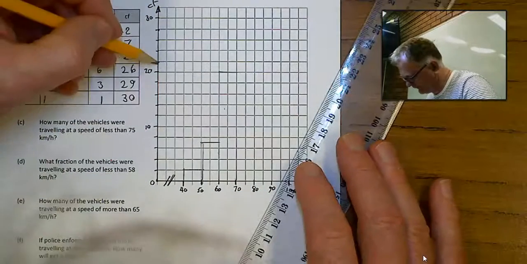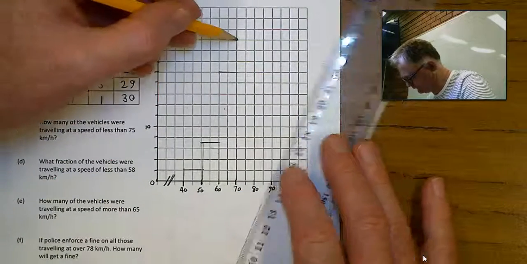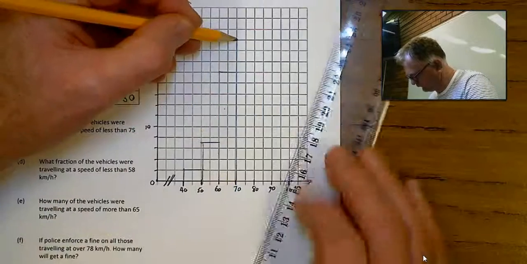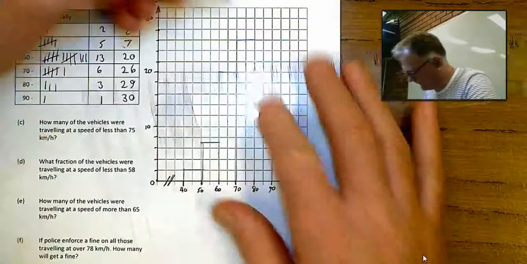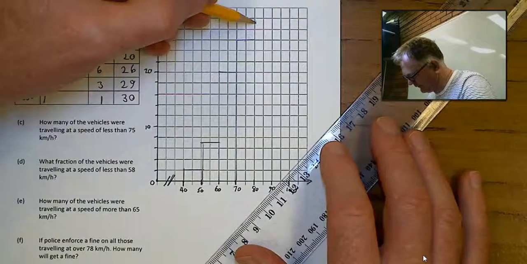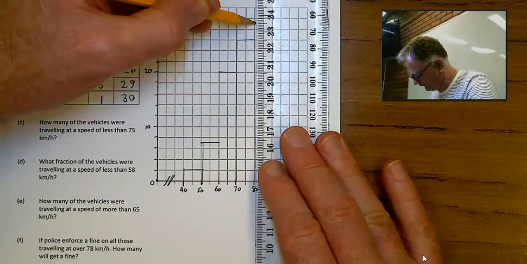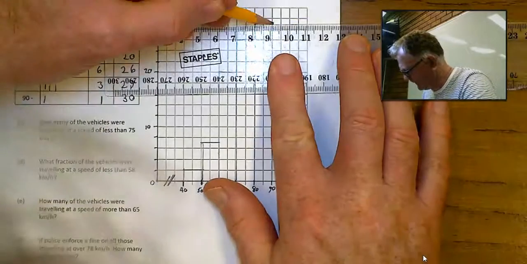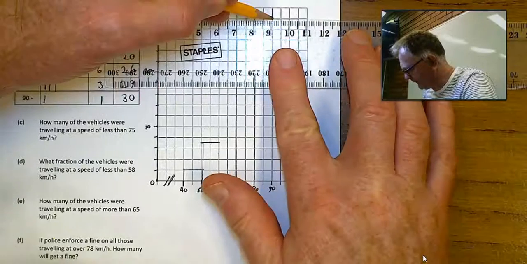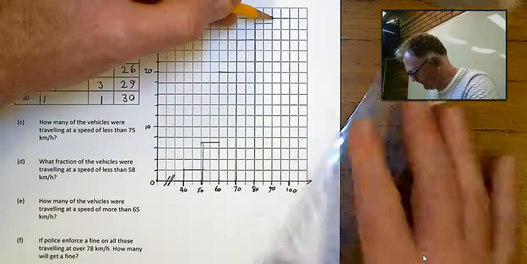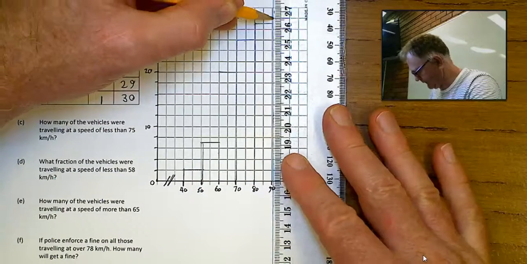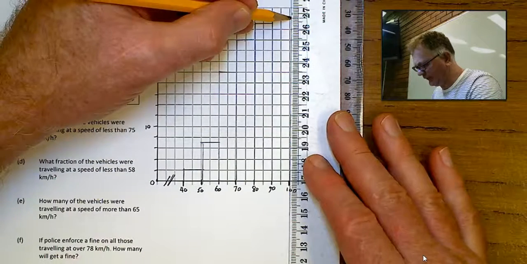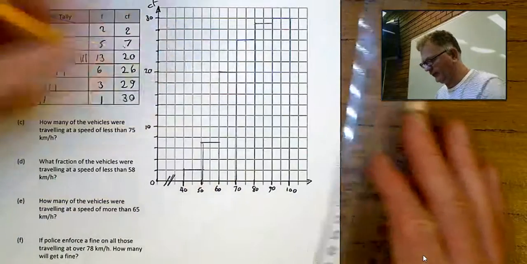Up to 26. 29. And finally finishing at 30. Now that would be called a cumulative frequency histogram, and our ogive is going to sit inside that.